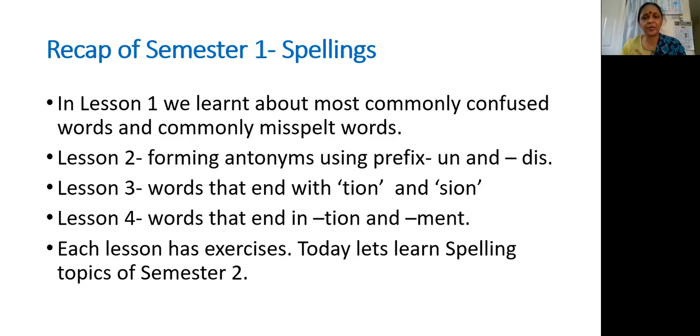Both of them are pronounced the same, shun. And lesson 4, the suffixes shun and meant. In every semester there are 4 lessons, and each lesson has 4 different exercises. In those exercises, there is one spellings topic. And today we are going to look at spellings of semester 2.